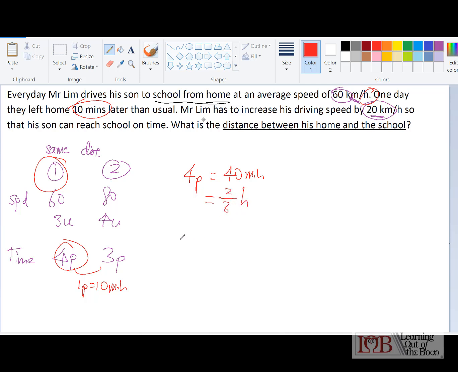Okay, so the distance here will be 60 times 4 parts, which is 2/3 hour. So we have 60 times 2/3, which is, if you do cancellation to speed up your calculation, 40 km.